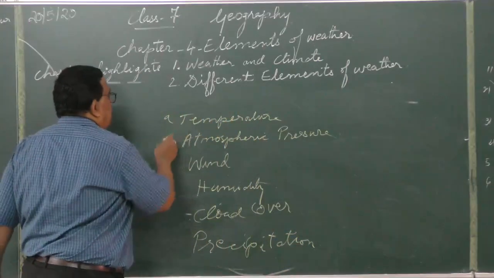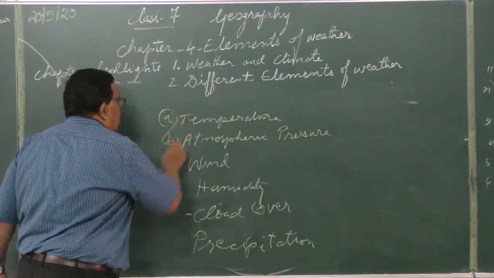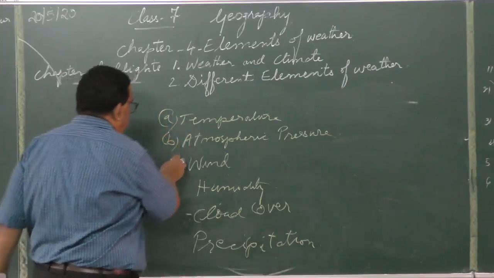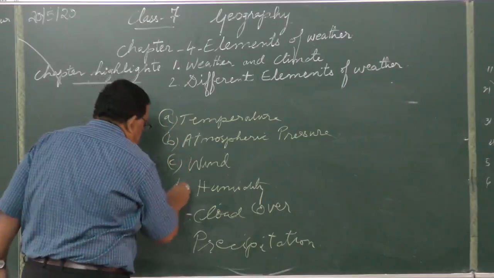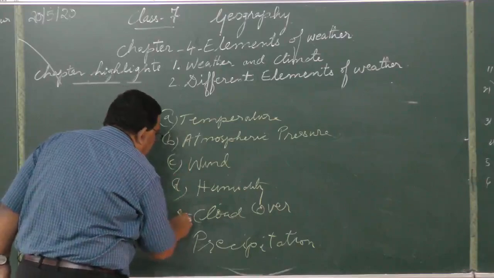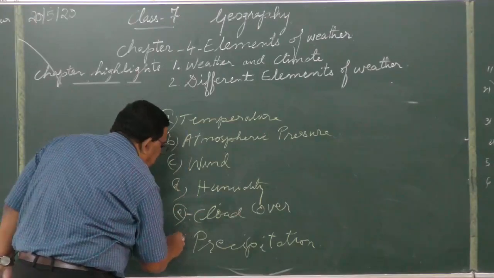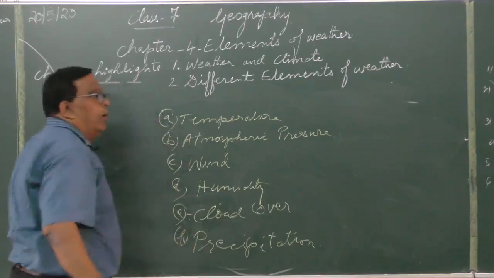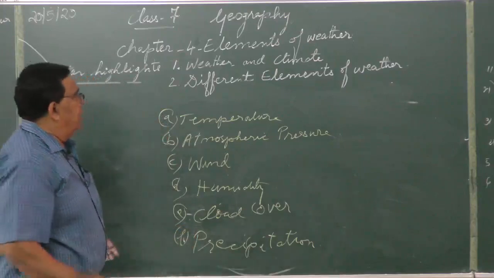So these are the different elements of weather. All of these are involved in the weather condition of a place over a short period of time.